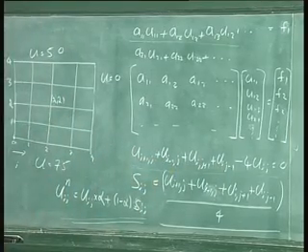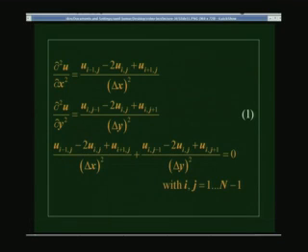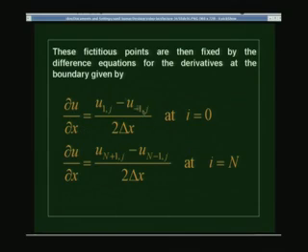In that case, we could still use this equation, but we use the boundary conditions themselves to specify the u values at these points minus 1, etc.